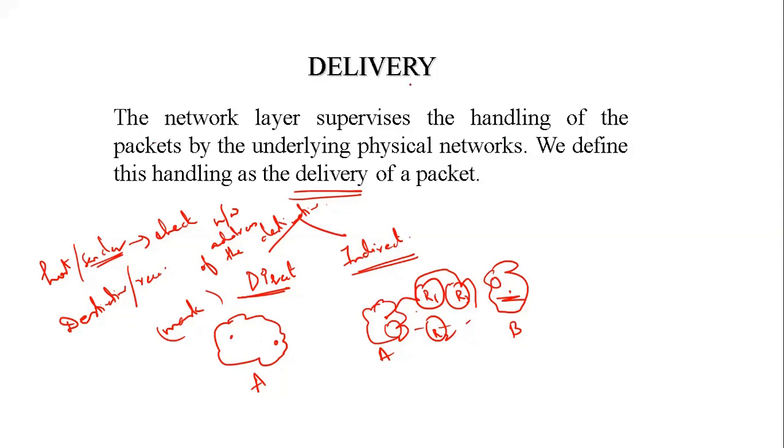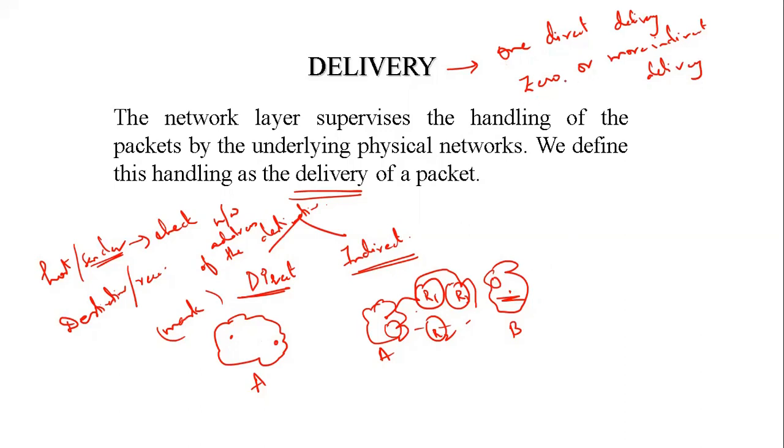So whenever you're talking about the term delivery, it always has one direct delivery and zero or more indirect deliveries. Why will it have only one direct delivery? Because if it is on the same network, it is the one direct delivery. If it reaches the router inside the network, then from the router to the destination, it will have one direct delivery.